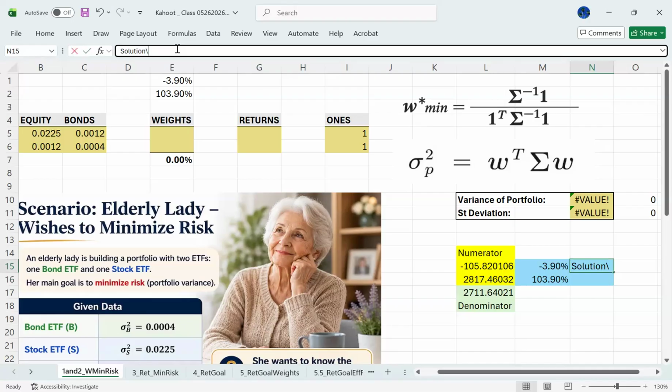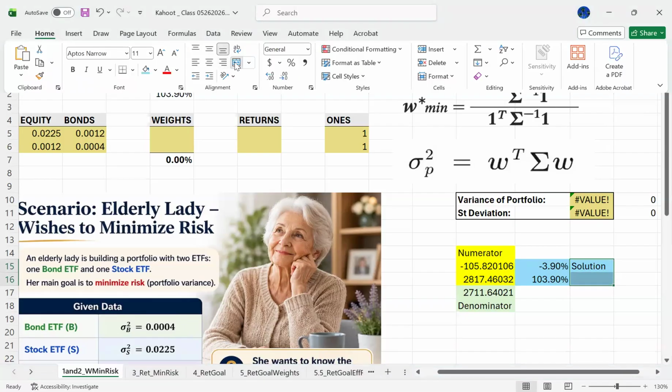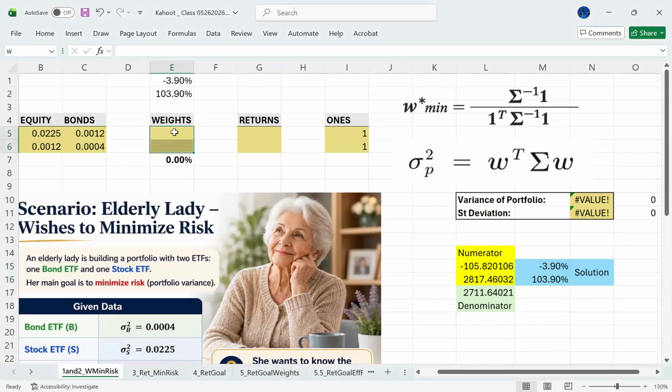Okay, there we go. Now, let's do it all at once in a single formula. We can do that directly here in weights. So what we can do is equal MMULT of MINVERSE of covariance, comma, ones. This is the numerator. And now we will divide that by the denominator, but instead of splitting these and doing this in this intuitive way, let's just use this expression that we already have.